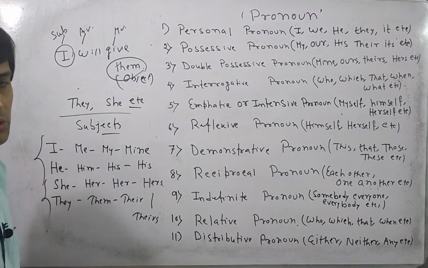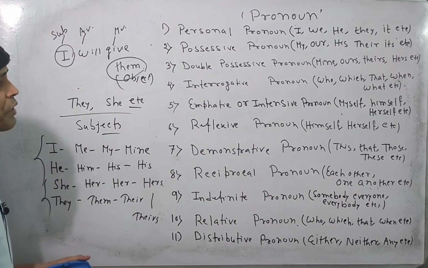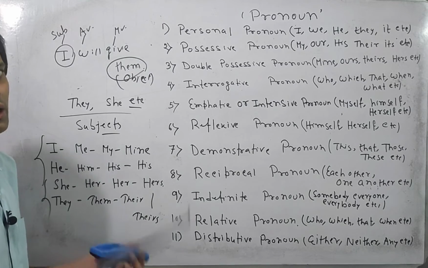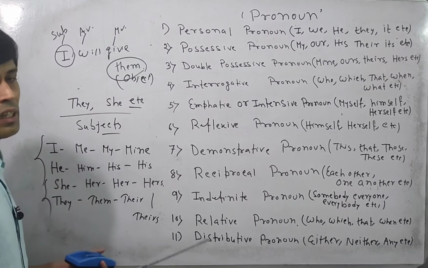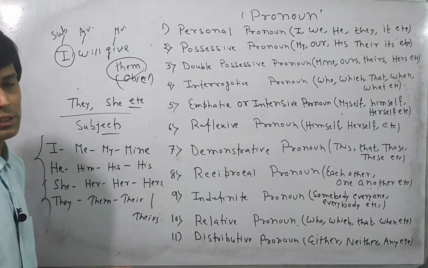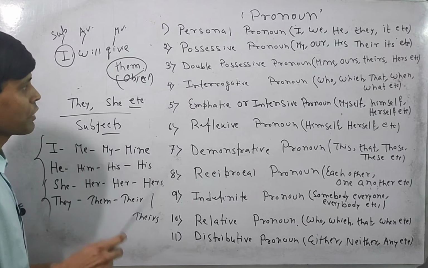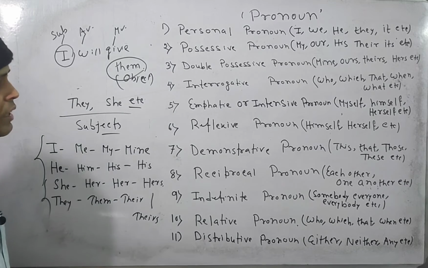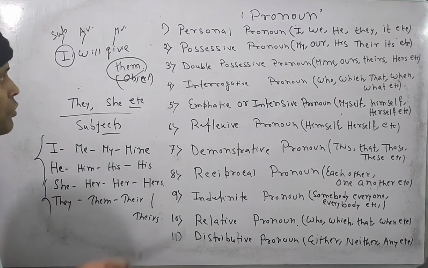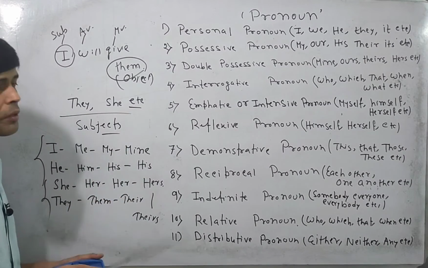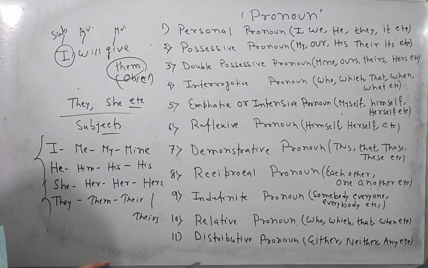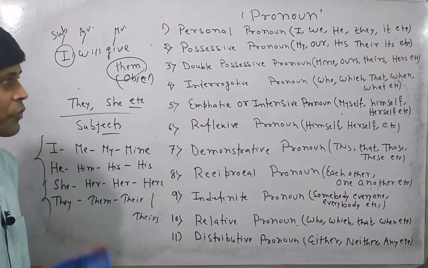Their can be used whenever we say their house, I went to their house, something like that. In that case, their is used as possessive pronoun. So you have to understand this in a proper way. If you do not understand what I have said, you can make your comment. I will try to make it clear before all of you.